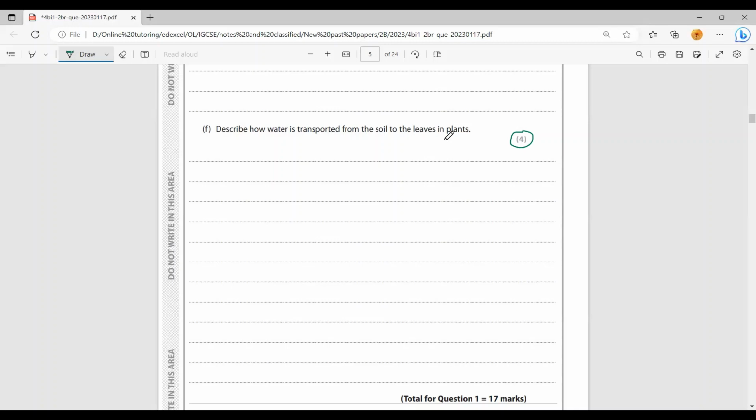يعني I have the soil and I have the root hair cells. Which of them has dilute solution?